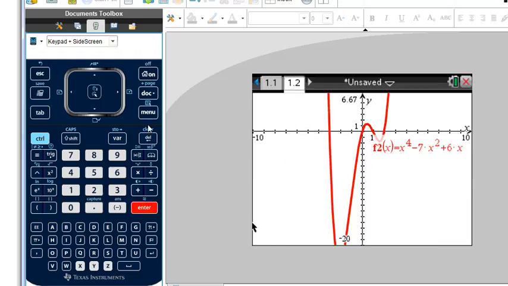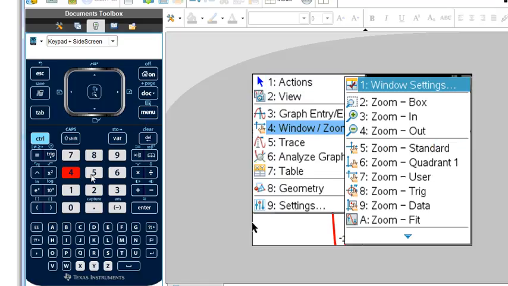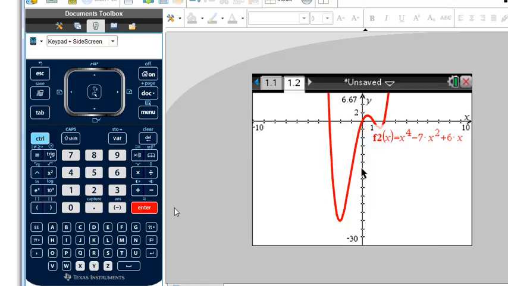You can almost see it. Let me do it just a little farther. Window settings. Okay, we got two local minima here. We got this one way down here, looks like negative 24, something like that. We got this one up here.